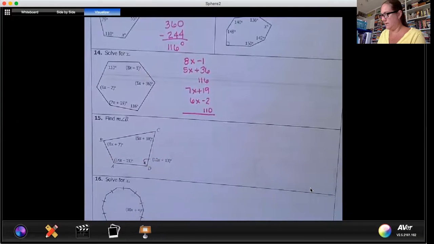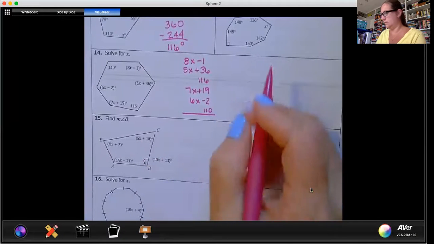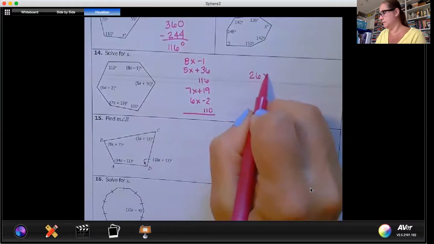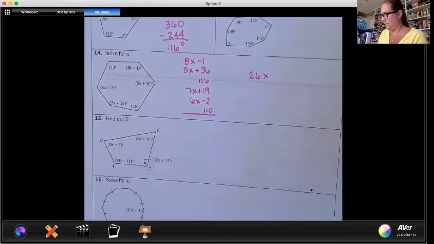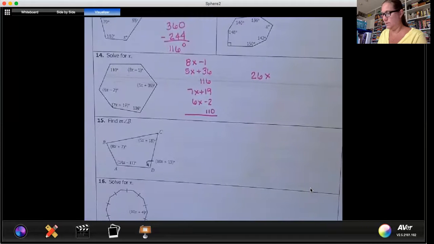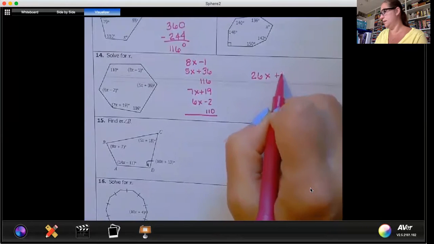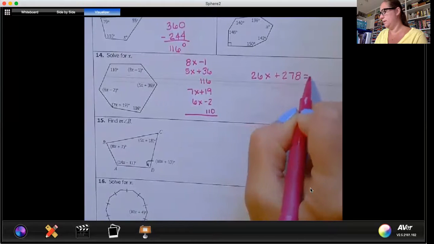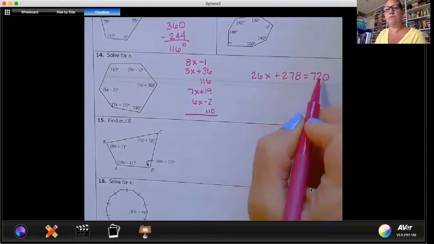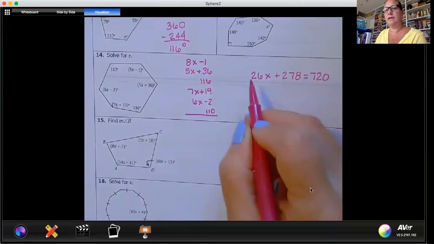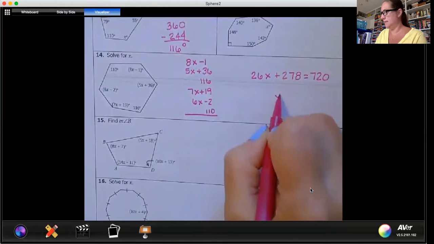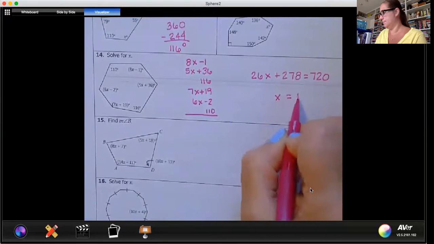So 8 plus 5 plus 7 plus 6 is 26x. Negative 1 plus 36 plus 116 plus 19 minus 2 plus 110 is 278. So 26x plus 278 equals 720. So 720 minus 278, divided by 26, means x is 17.